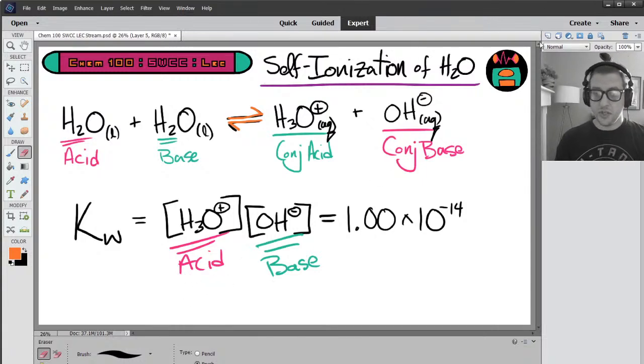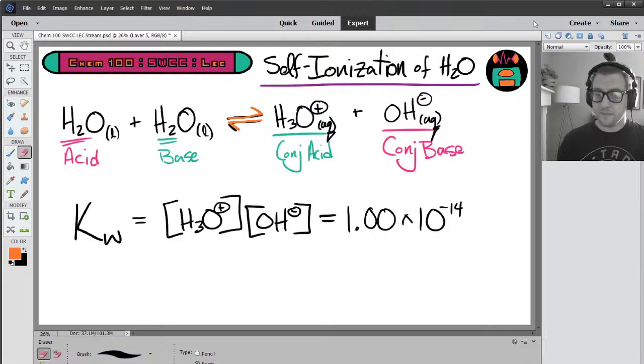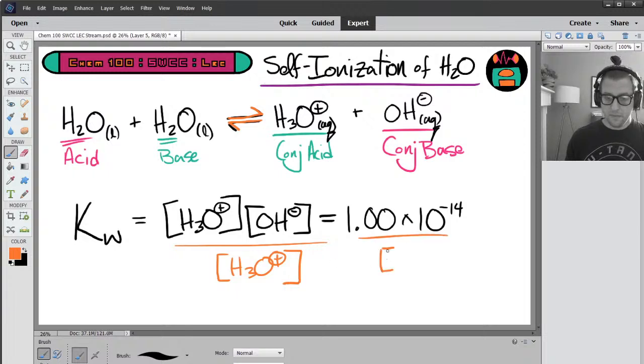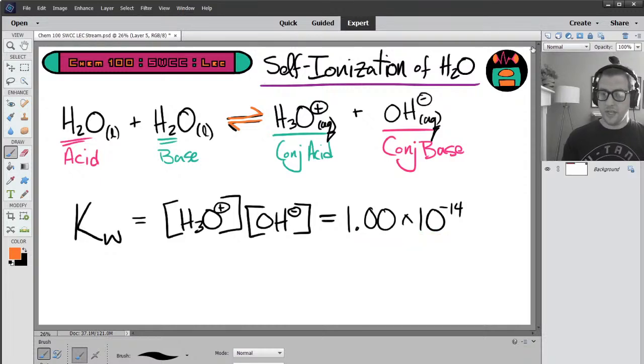I'm going to prove it to you mathematically. We can do a little bit of algebra here. Let's use this equation to solve for the concentration of hydroxide, for example. So if we divide both sides of this equation by the concentration of hydronium, this is the equation we end up with.